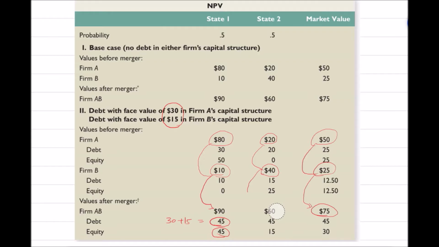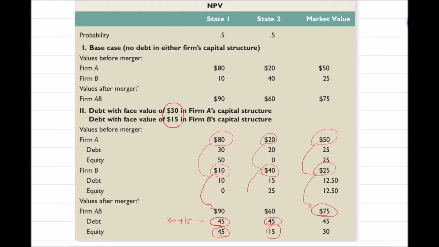Similarly, if the total is 60 and 45 is your debt liabilities, then the remaining is equity, right? If the total value of the firm is 75 and 45 belongs to debt holders, the remaining will be 30 which belongs to equity holders, right?